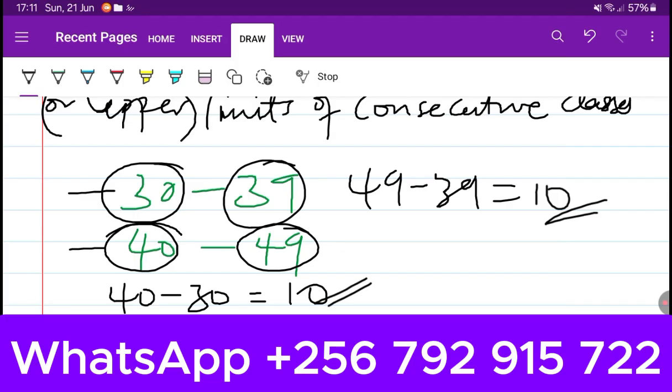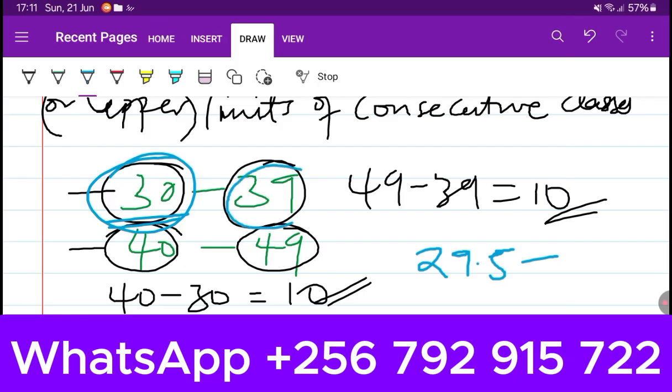The other option, they told us we can use class boundaries. And the class boundaries, we say they are not the same as class limits. These are the class limits. Now, for class boundaries, we just get the lower class limit and take off 0.5. So it is 30 minus 0.5. It gives you 29.5.